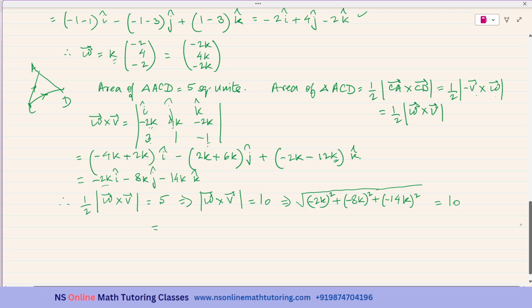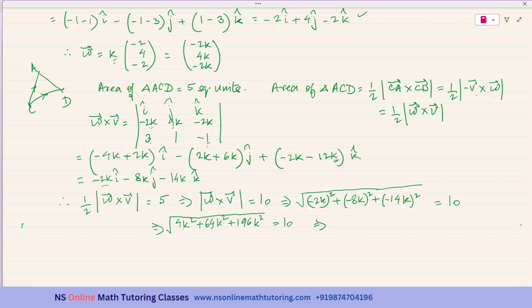This is 4k square plus 64k square, and 14 square, negative 14 square, it is 196. If you do not know, you can use the calculator. Plus 196k square. This is equal to 10. Or 4 plus 64 is 68.